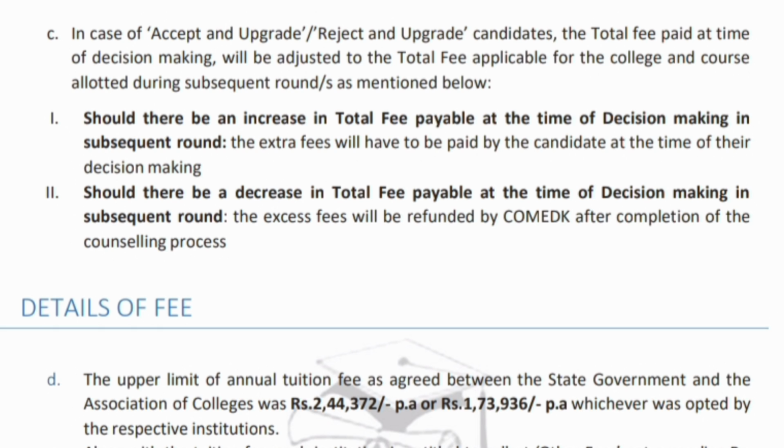You see, in the third clause they have given that the students who are doing accept and upgrade, or reject and upgrade, will also have to pay the total fees at the time of decision making. Whatever fees they pay during decision making, the same fees will be adjusted if they are upgraded in the next round.